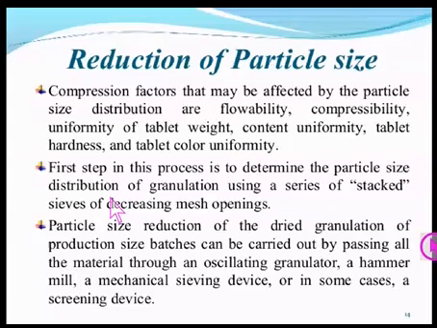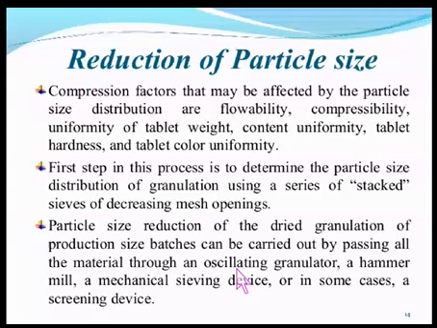So here the first step is to determine the particle size distribution of granulation, and the method used is sieve analysis, where a series of sieves are stacked, and the procedure is carried out in order to find out the particle size distribution of the given sample of granulation.